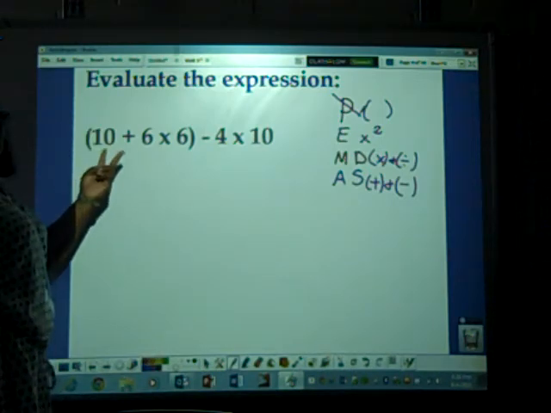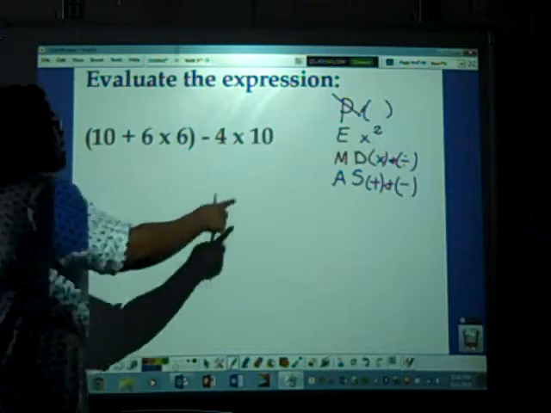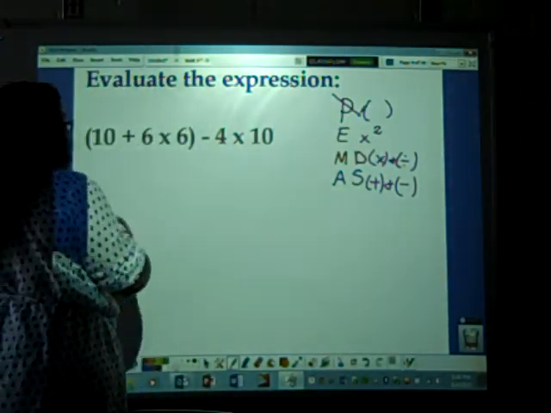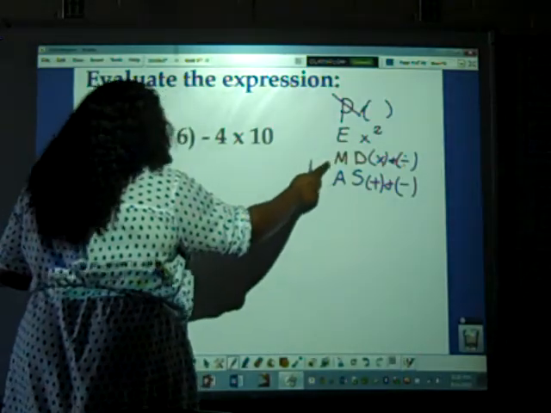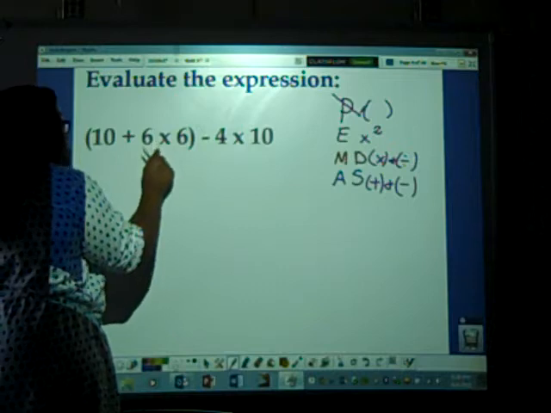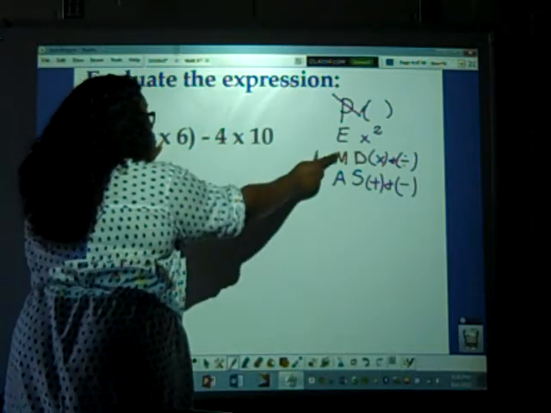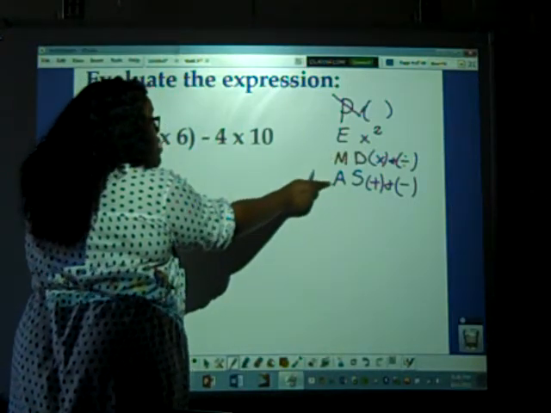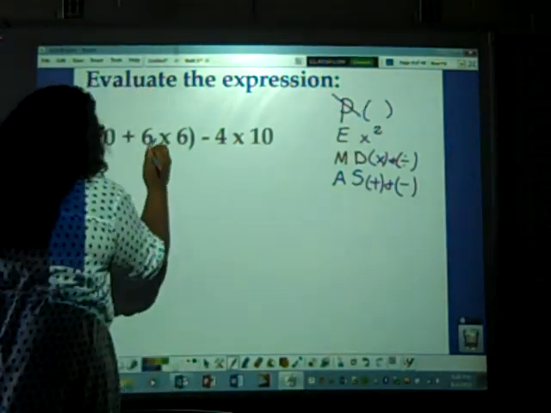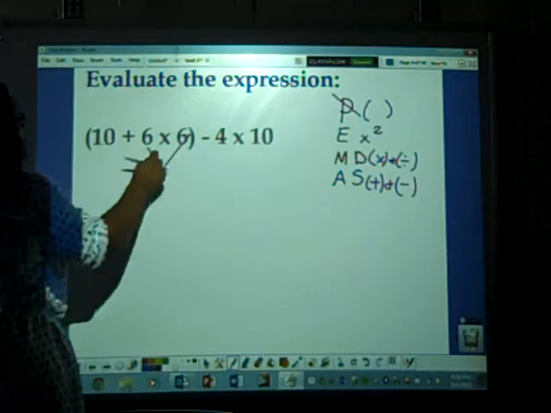There's two symbols. So I look at my reference and say, which one comes first? Multiplication or addition? I see multiplication in here. So multiplication comes before addition in PEMDAS. So I am going to solve this first.